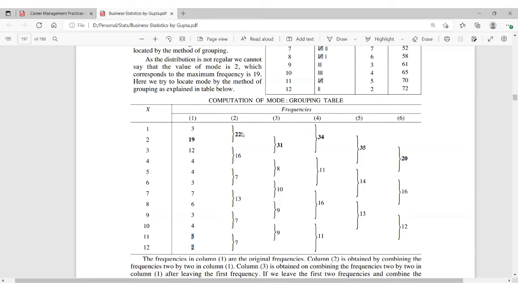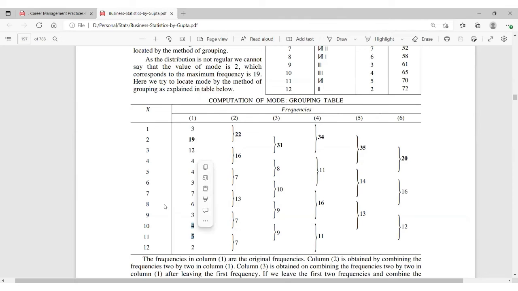And third, leaving the first, group in twos: 19 and 12 comes to 31. 4 plus 4, 8. 3 plus 7, 10. 6 plus 3, 9. 4 plus 5, 9. Now only 2 remaining, leave it.